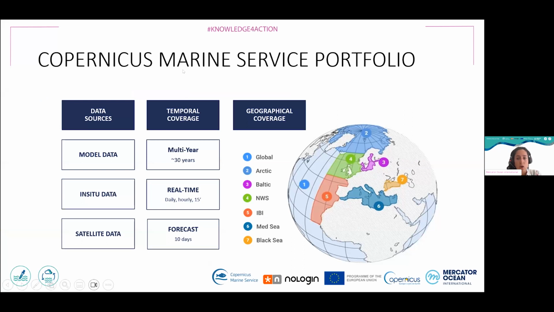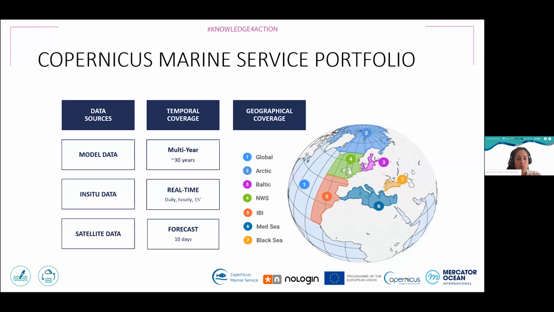In terms of the offer you can find in the portfolio, the temporal and geographical coverage, and the nature of the data, we provide model data, in situ, and satellite data.